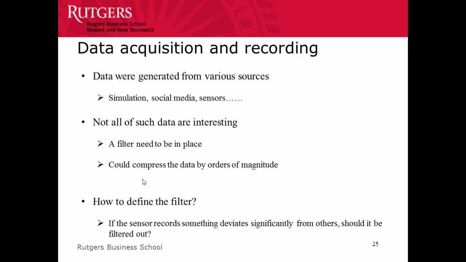But on the other hand, it could be that that particular area has something special that leads the sensor to record this. So this is exactly what we are looking for. So in this case, it is very difficult to say how we can define a filter, and this field requires active research.